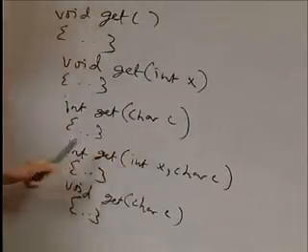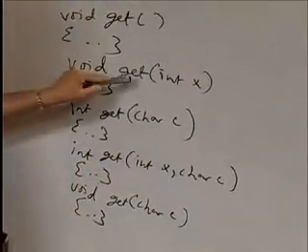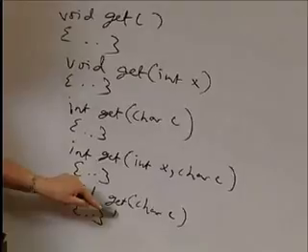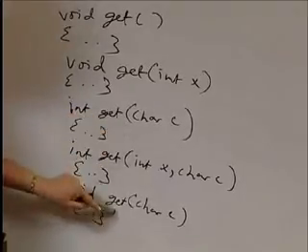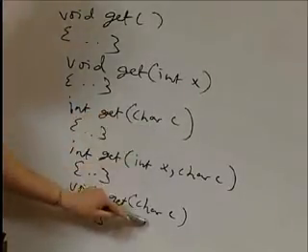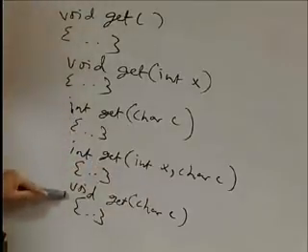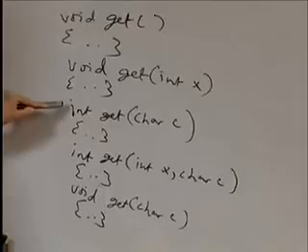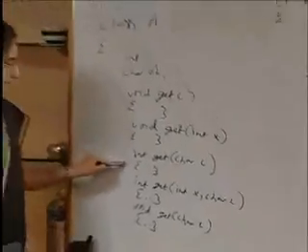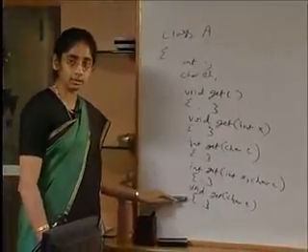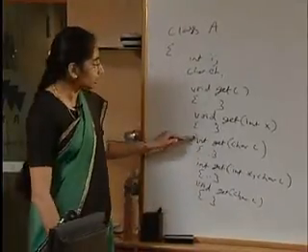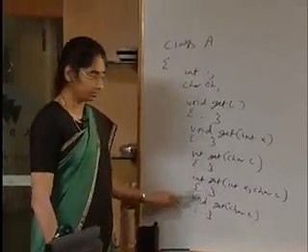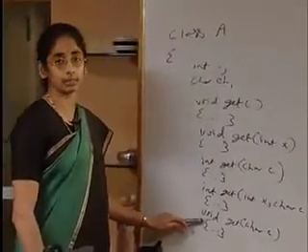Okay? But we cannot have a function with the same name, with the same parameter, but just changing the return type. This is not allowed, because if you were to create an instance of this class and call the get method, it would not know which get to invoke because there is just a change in the return type.